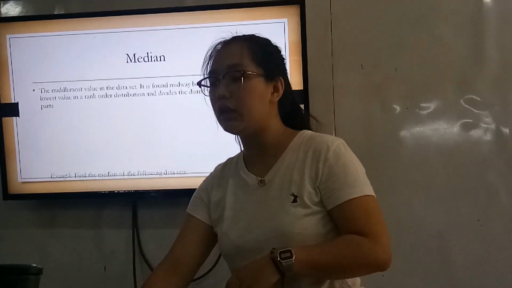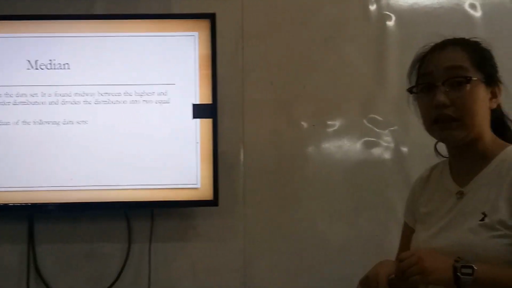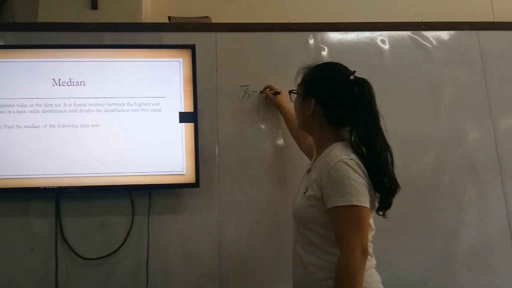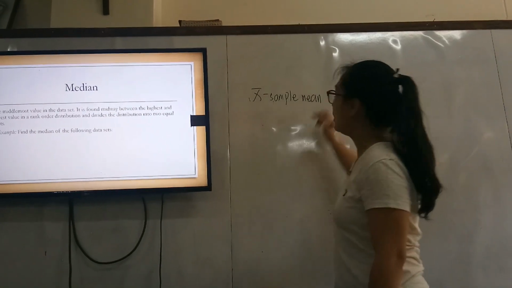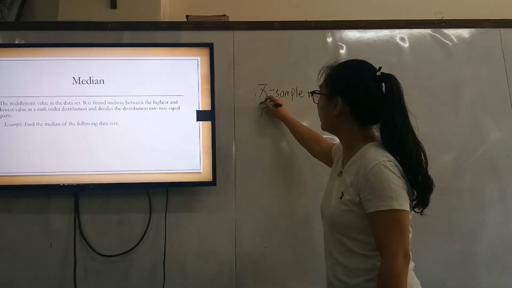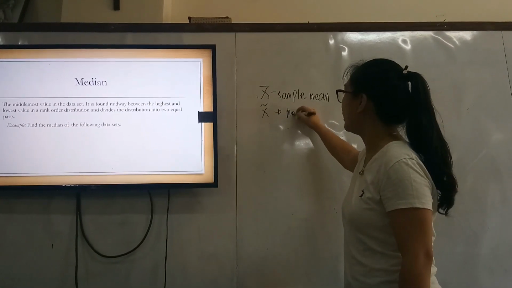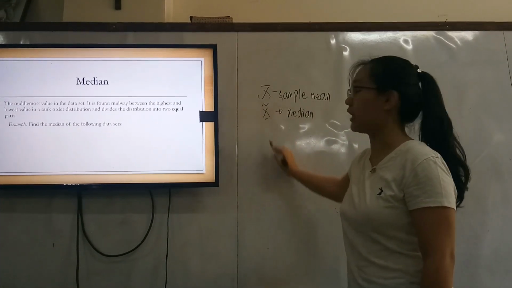What is the representation of the median? Kanina, the sample mean, we have X bar. The median, we have X with a tilde. So this one is your median, of course the sample median also.